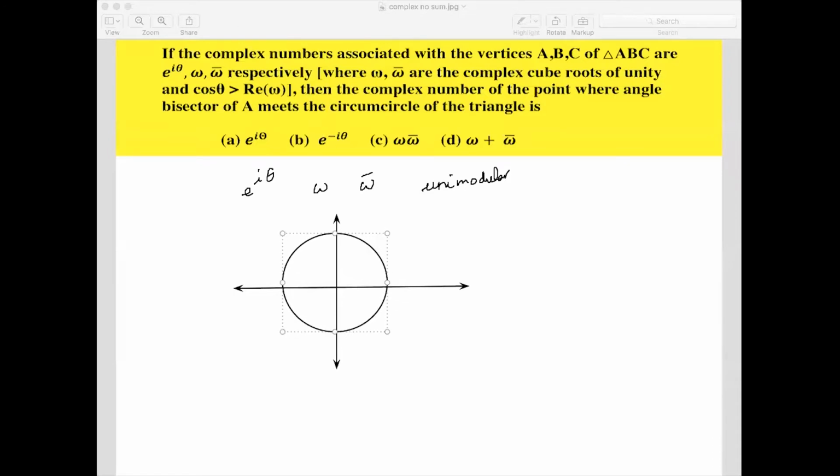You know where omega and omega bar will lie. That was very clear to you. Making an angle of 2 pi by 3 here, and this making an angle of 2 pi by 3 with that. So if you take this as omega, vertically below will be omega bar. Now they're all at unit distance from the origin.